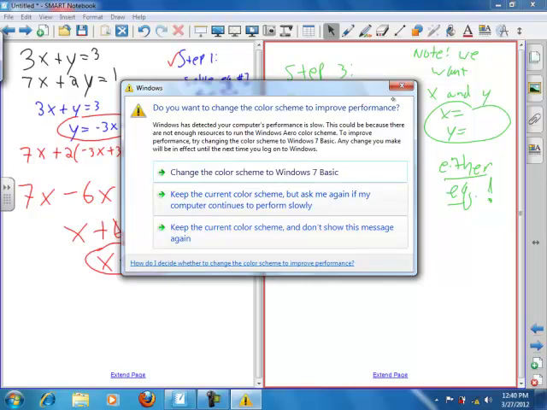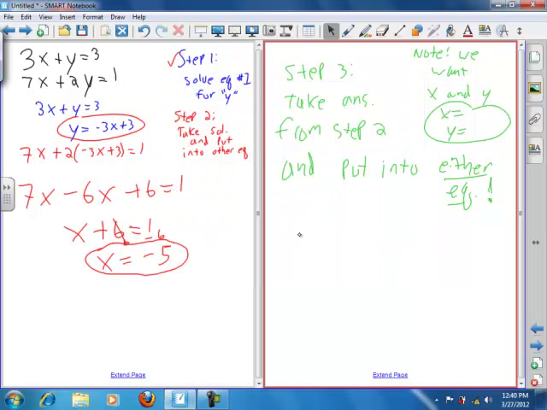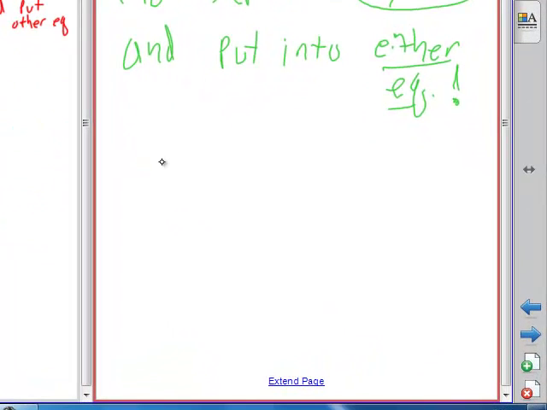So the bottom equation is what you said. 7, but what's x? Negative 5. Good, so now instead of x I put that, okay? Plus 2y equals 1. What's 7 times negative 5? Negative 35, right?